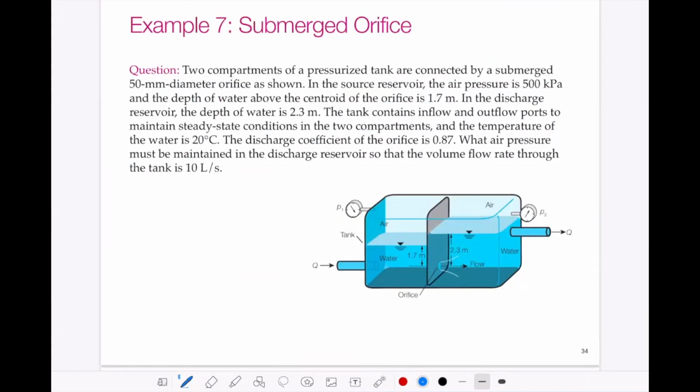So let's level up a little bit and see if we can do this problem. In this question, we have two compartments now inside a pressurized tank, so the surface of both sides are pressurized. In the source reservoir, the left-hand side, call this source, the air pressure is 500 kPa, and the depth of water above the centroid of the orifice is 1.7 meters.